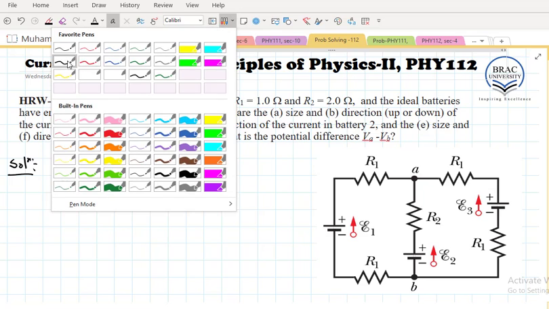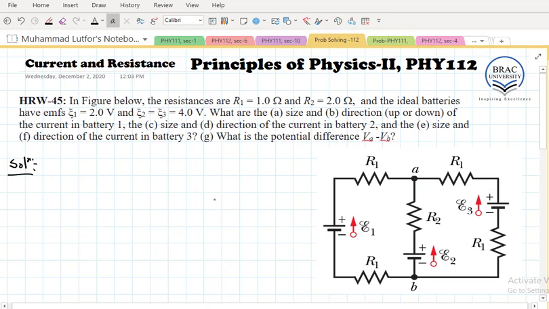Fine. To solve this one, first we'll assume some arbitrary current through this loop. I can consider this as loop number 1, and say the current is I1, and through loop number 2 the current is I2. The direction of these currents is arbitrary.